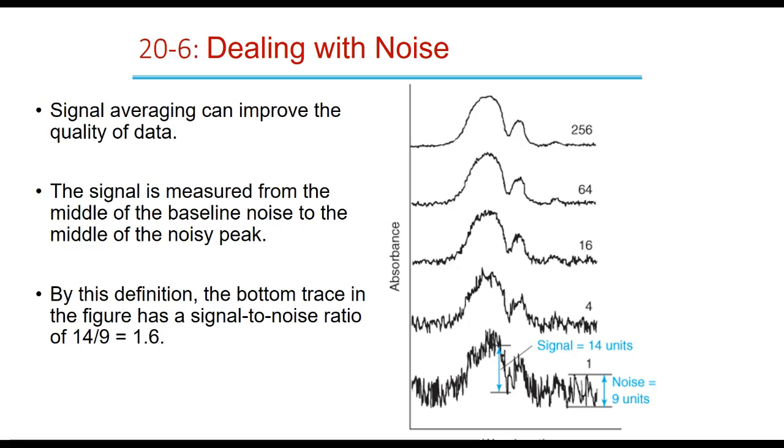By definition, if we use this idea that signal is measured from the middle of the baseline, so you want to look at the very bottom and those arrows, then we get a ratio of signal to noise of 14/9, and our ratio at that last graph, the bottom one, is 1.6. Well, you can't work with that.